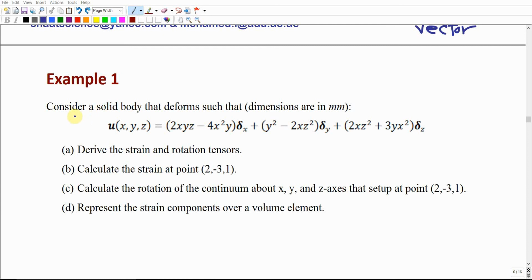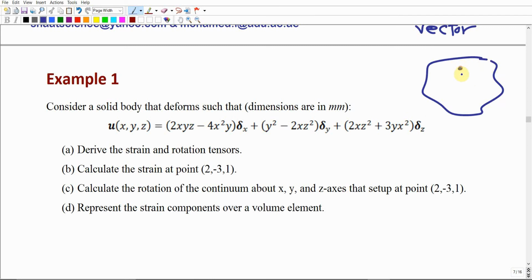So in this example, consider a solid body or a continuum that deforms such that its displacement field is provided with this value. This displacement field describes the displacement of any point that belongs to the continuum. Assume that you have a continuum in general.